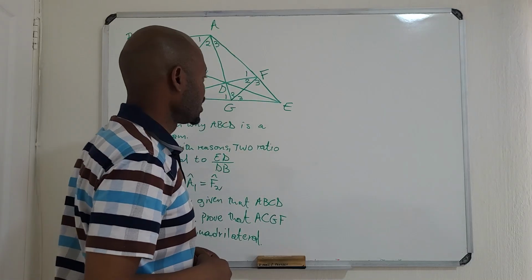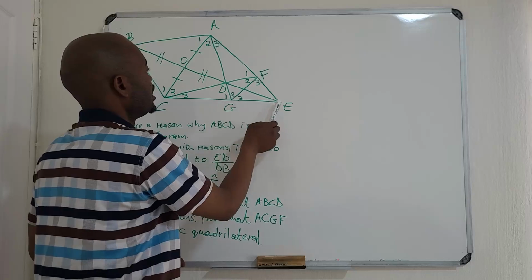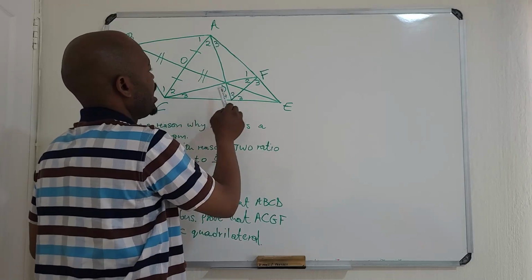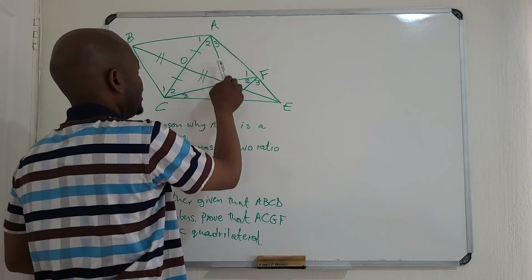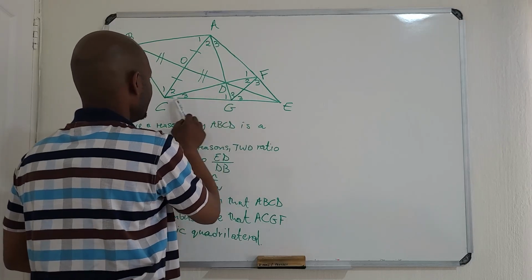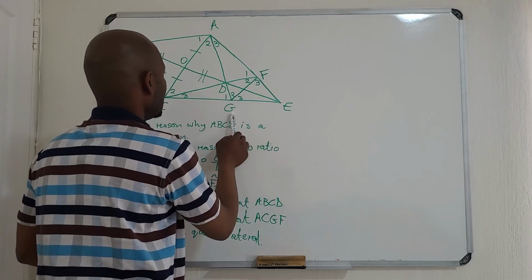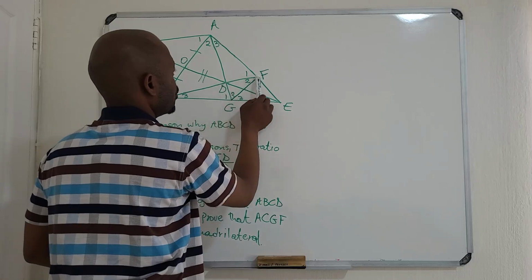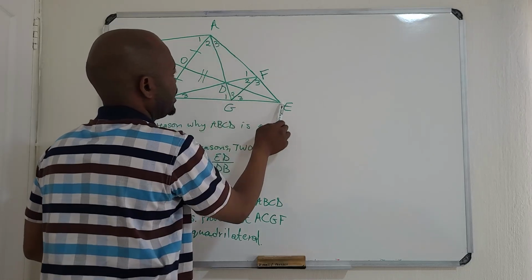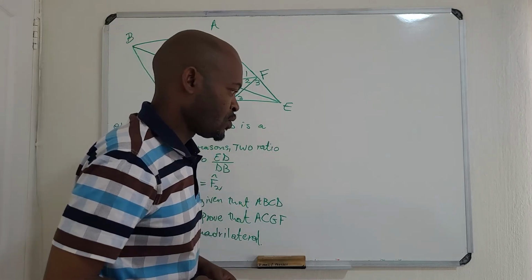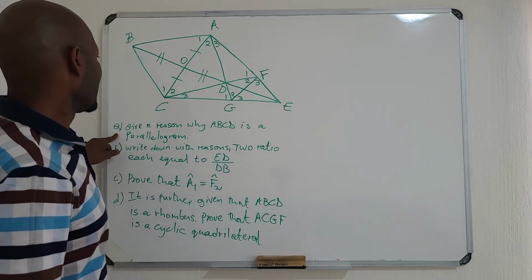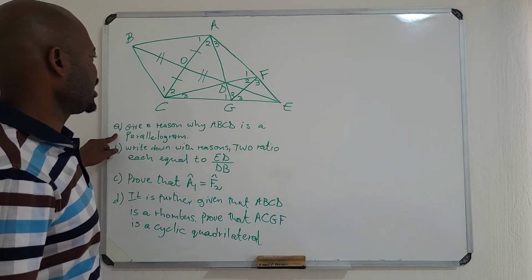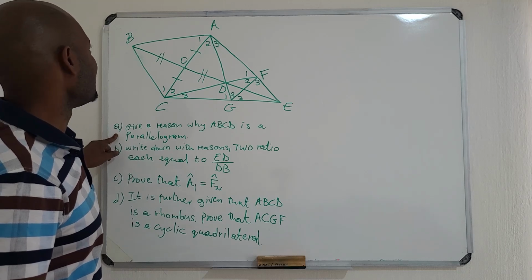So AD is produced, it meets EC at G, and CD is produced, it meets AE at F. Now, they say to us, (a) give a reason why ABCD is a parallelogram.